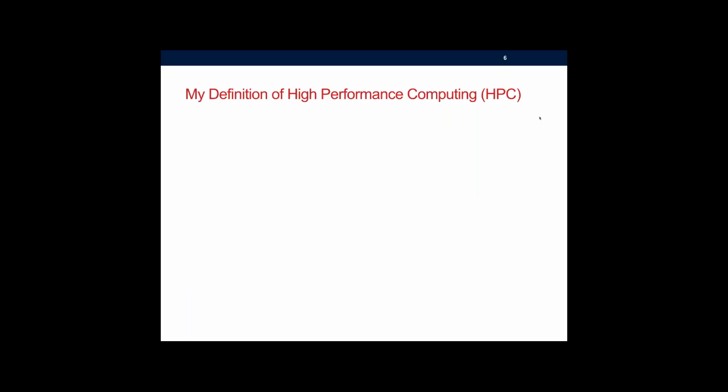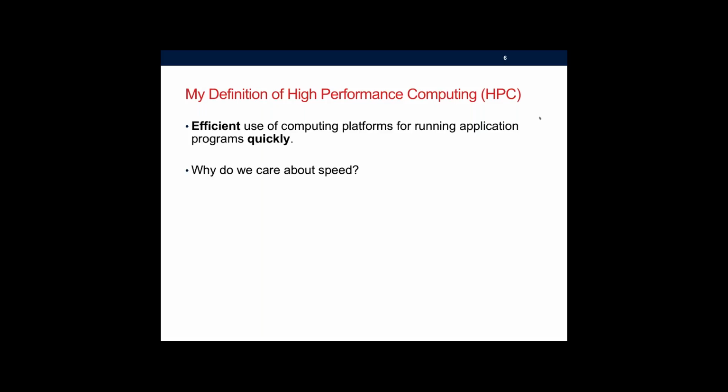But the definition I would like to use is something a little bit simpler. I just want to use available computing platforms to run my applications quickly, and I want to do this very efficiently. So that, for me, is what high-performance computing is. It doesn't always mean supercomputing, but I'll come to that in a minute.